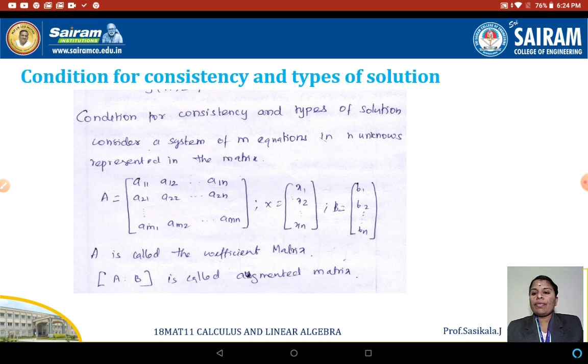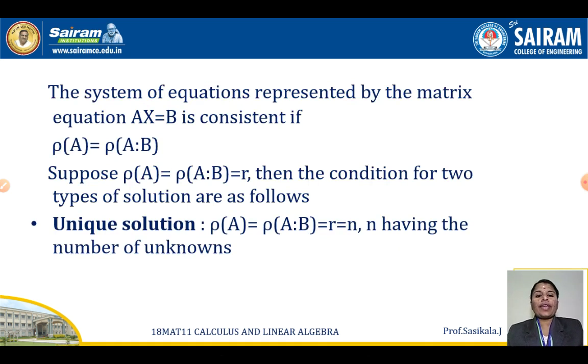Now the system of equations represented by the matrix equation AX = B is consistent if the rank of A, since we have seen in the last video, is equal to the rank of the augmented matrix. What you will do is reduce the matrix using row element transformation to the echelon form, then you can find the rank.